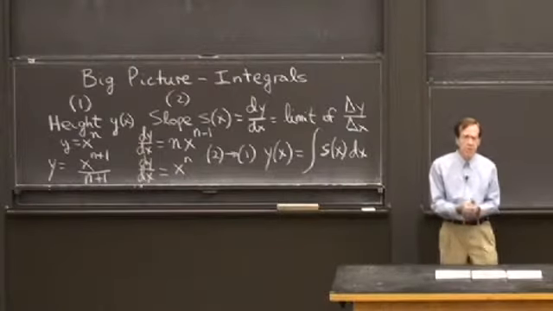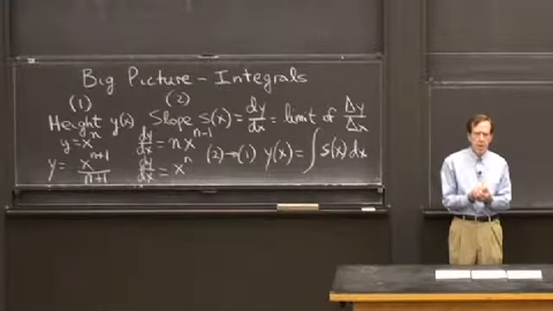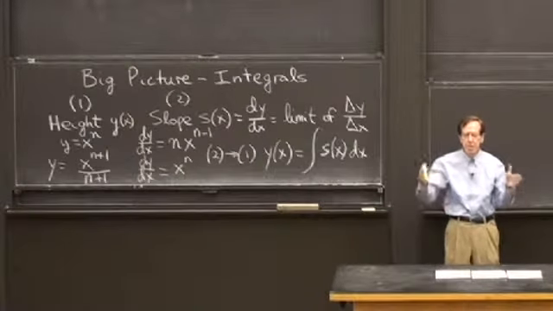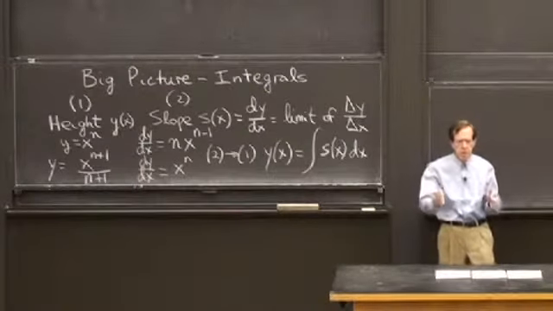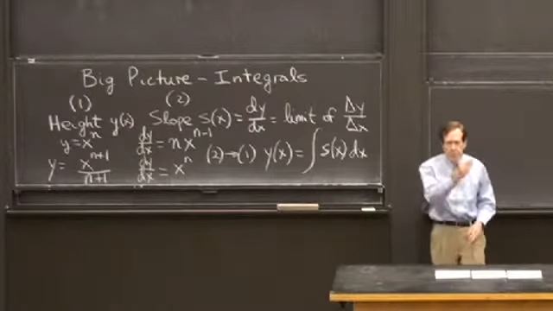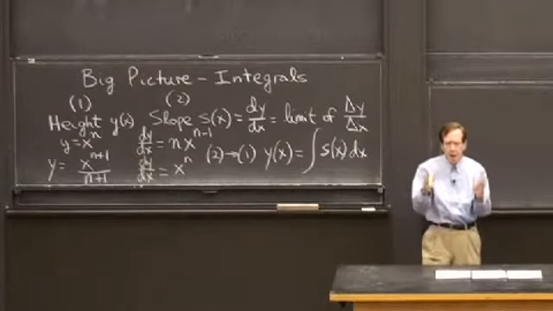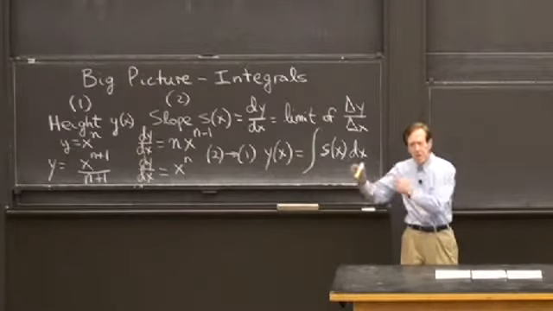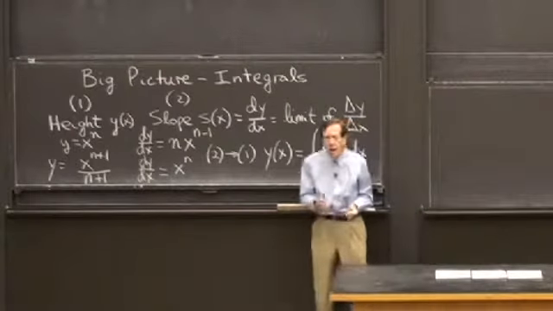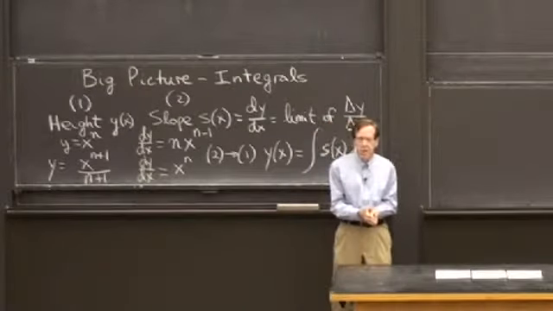Okay, so how am I going to proceed? Step 1, I'll take steps. I won't try to get immediately to the case of continuous change. I'll take single individual steps. And then I'm going to take smaller steps.